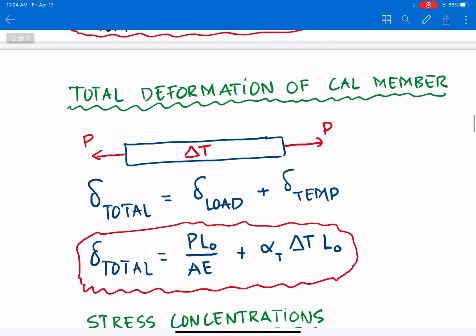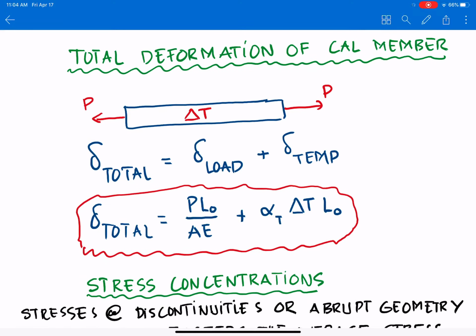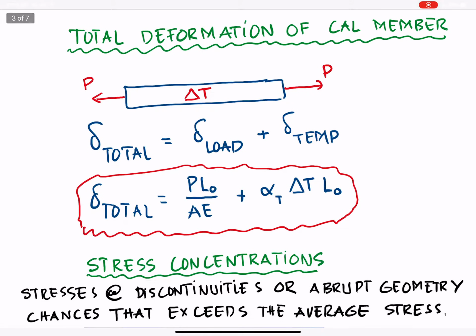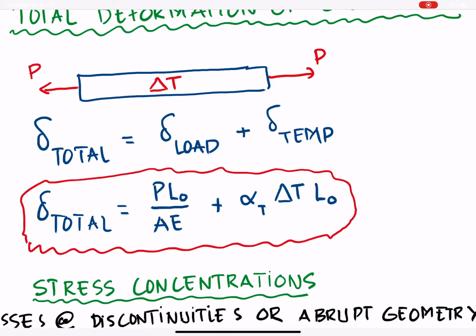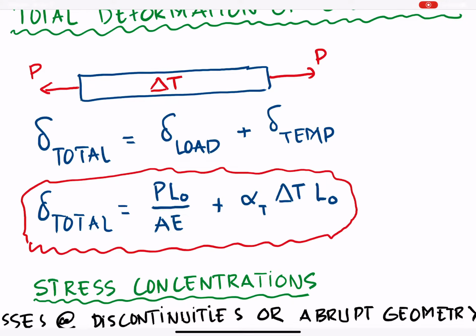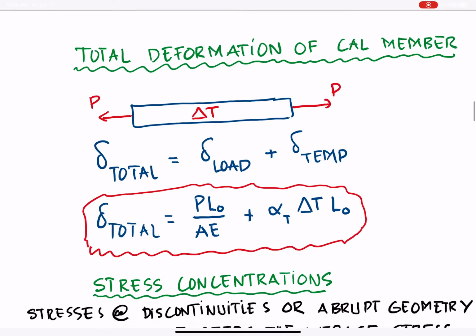If we consider both the load and the temperature, delta total equals the delta due to the load, PL over AE if the material is in the elastic region, plus alpha T delta T L0.